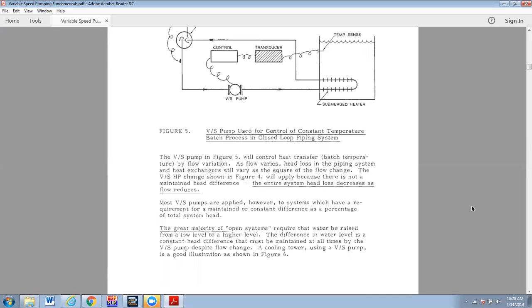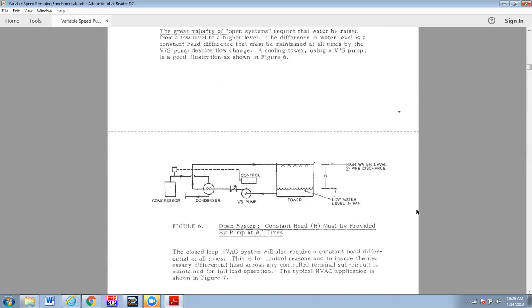The great majority of open systems require that water be raised from a low point to a higher level. The difference in water level is a constant head difference that must be maintained at all times by the variable speed pump despite flow change, or it's a constant head or a static head. A cooling tower with a variable speed pump is a good illustration, as we'll see in the next figure here.